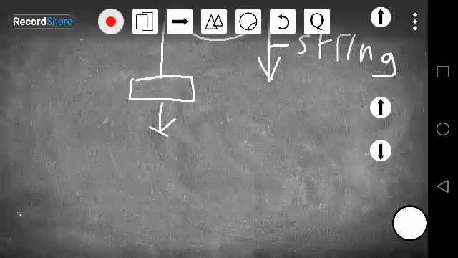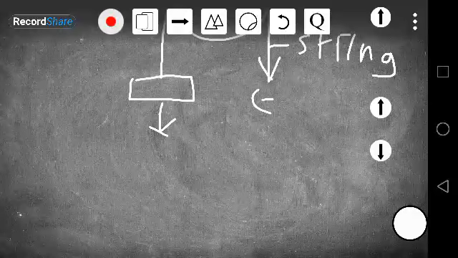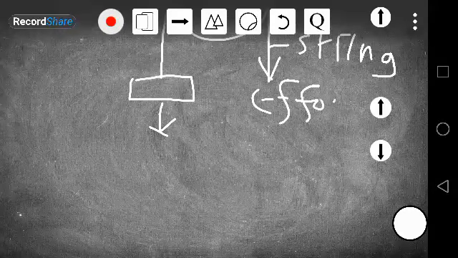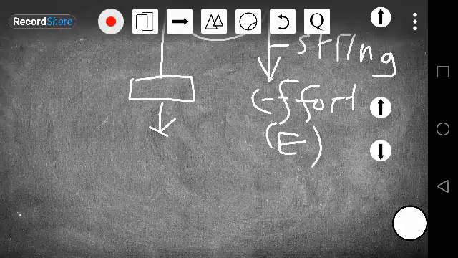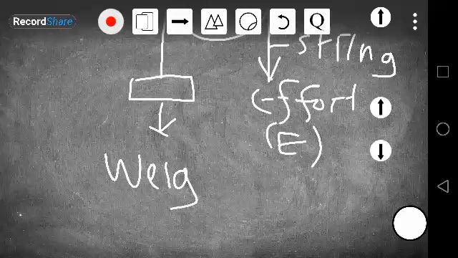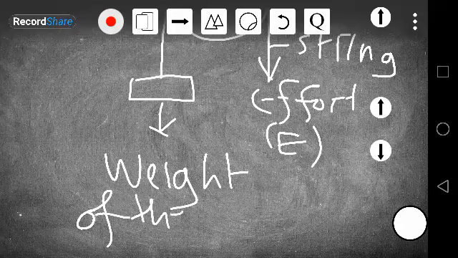Then this is effort E, and this is the weight of the load.